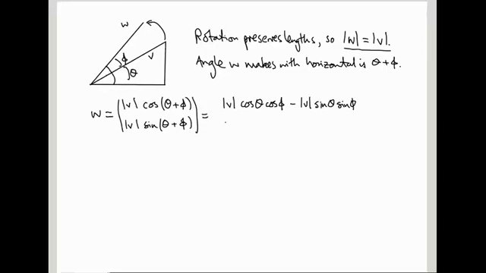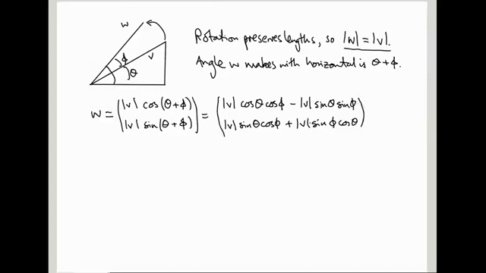I'm assuming you've seen things like this at A level or whatever you did before coming to this video. The addition formula for sine says sine of theta plus phi is sine theta cos phi plus sine phi cos theta. So these are the trigonometric addition formulae.